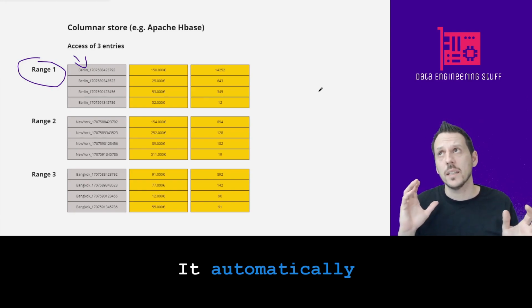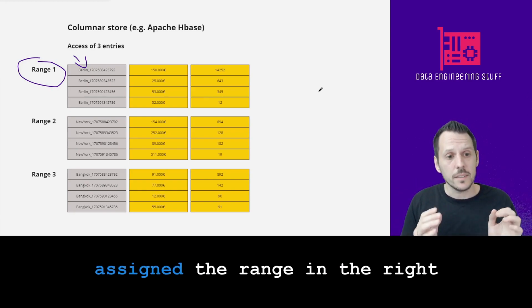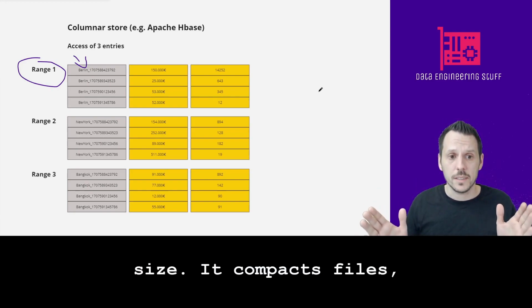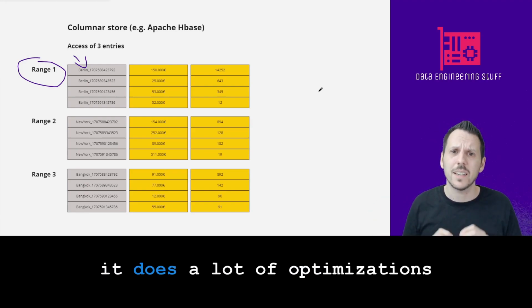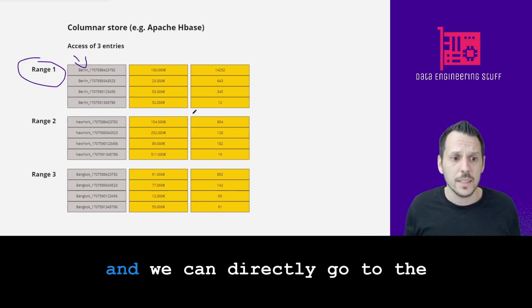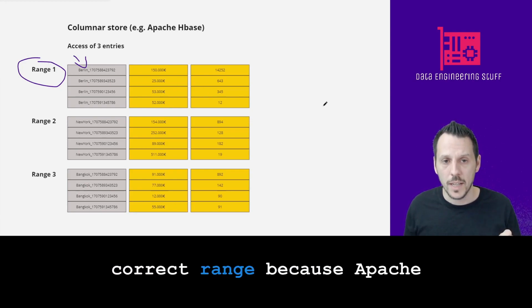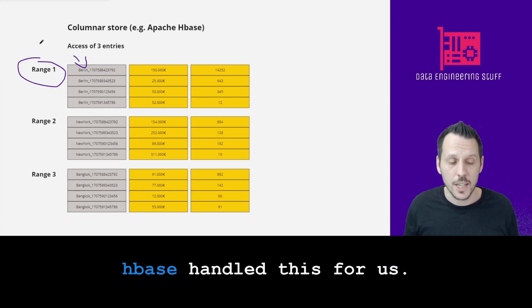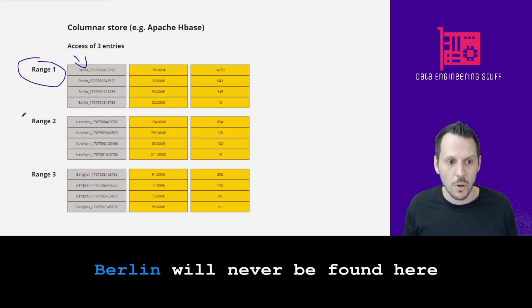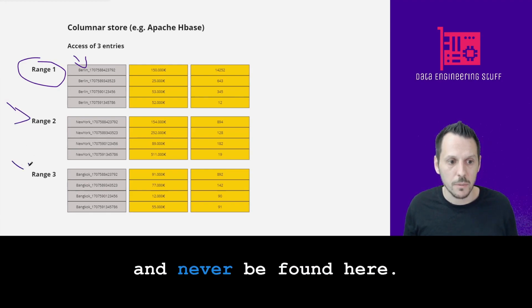It automatically assigns the range in the right size. It compacts files. It does a lot of optimizations, and we can directly go to the correct range because Apache HBase handles this for us. So Apache HBase knows that Berlin will never be found here and never be found here.